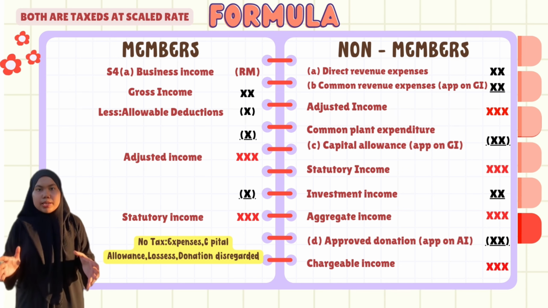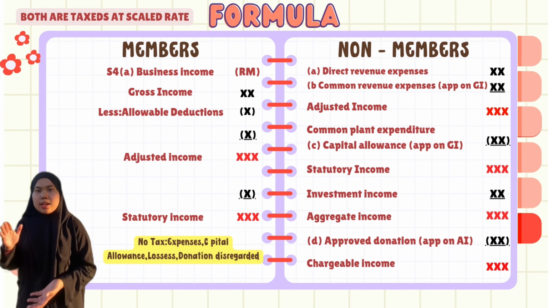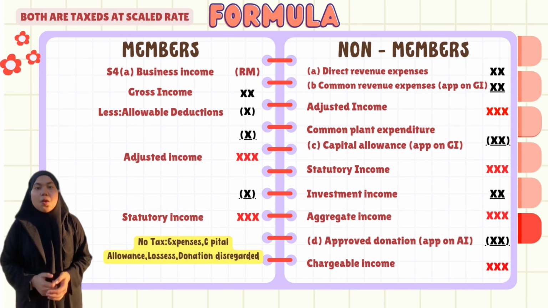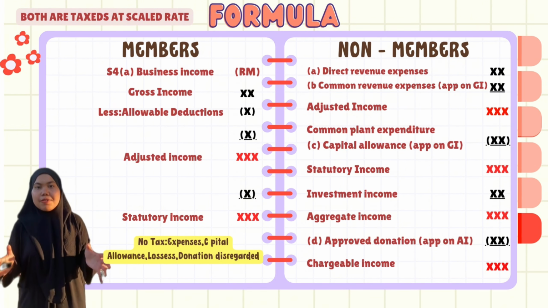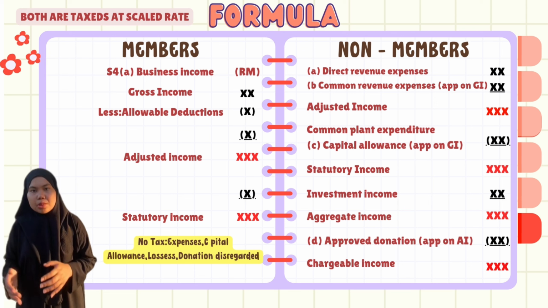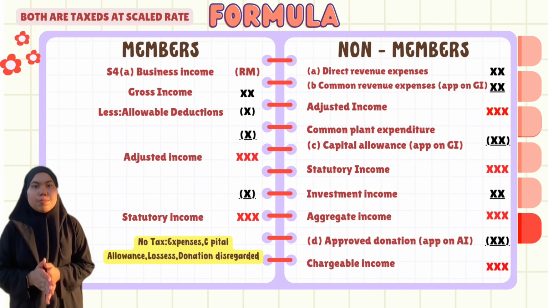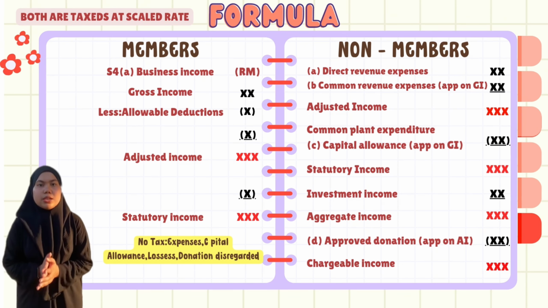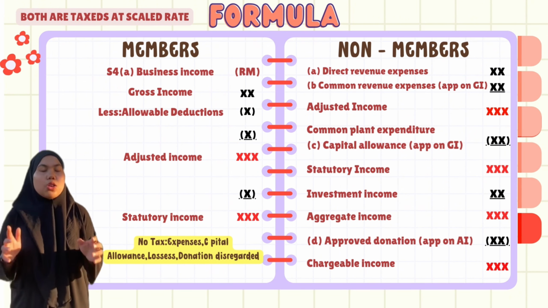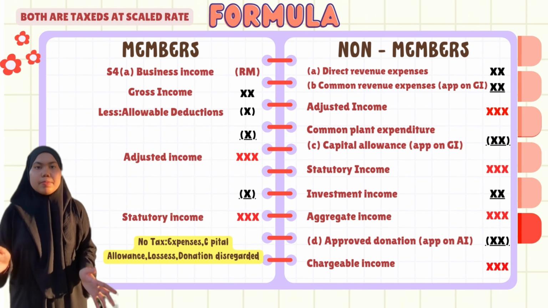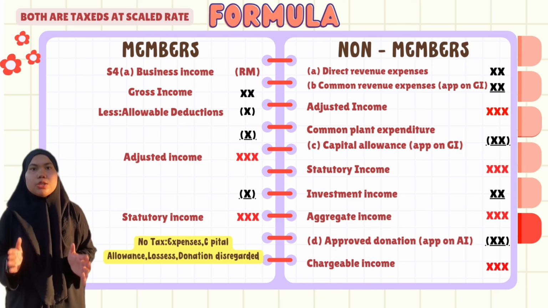Add investment income to get the aggregate income. Finally, approved donations are deducted to arrive at the chargeable income. It is important to note that both member and non-member incomes are taxed at scale rates, but only non-member income is actually subject to tax.